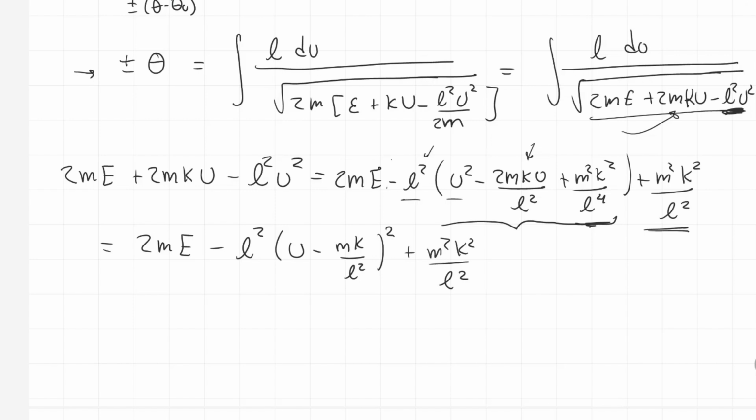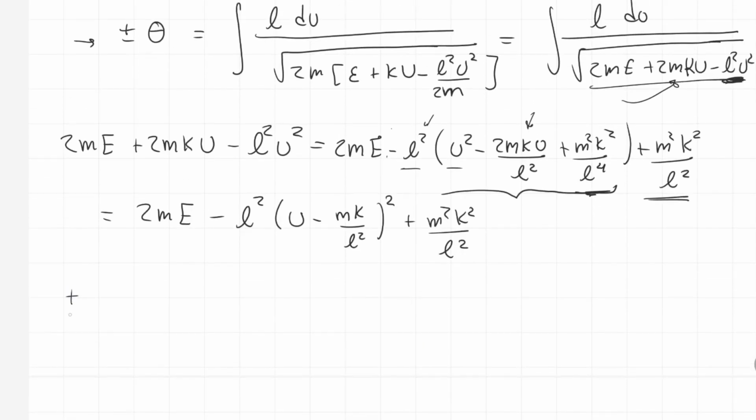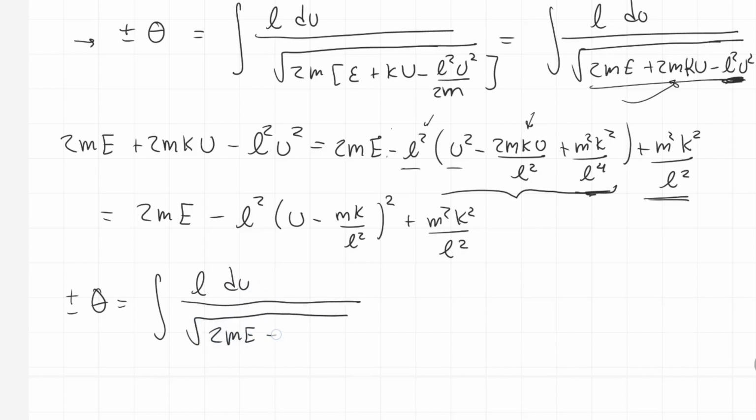So we can rewrite the integral as follows: plus minus theta equals the integral of L du over the square root of 2me minus L squared times u minus mk over L squared, squared, plus m squared k squared over L squared.